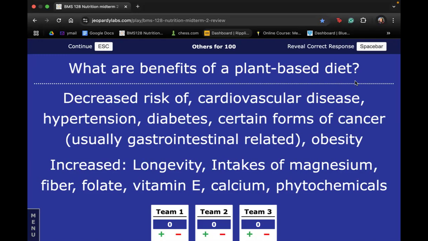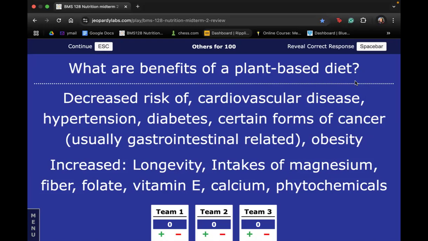Yeah, and the health problems that are caused by consuming a lot of animal-based diets are significantly higher than a plant-based diet. And you get more of certain minerals and vitamins and a lot more phytochemicals, because phytochemicals only come from plants, animals don't have them.